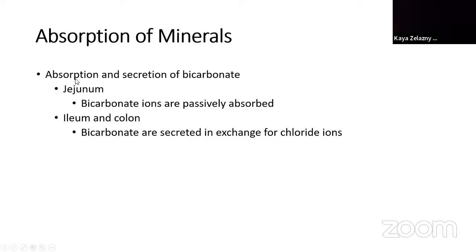And then we're also going to do some fiddling with our levels of bicarbonate in the ileum and in the colon, where we may also be secreting some bicarbonate and trading it for chloride ions. Basically, we're trying to balance the pH of the contents of the GI tract in similar ways that we balance the pH of the blood.